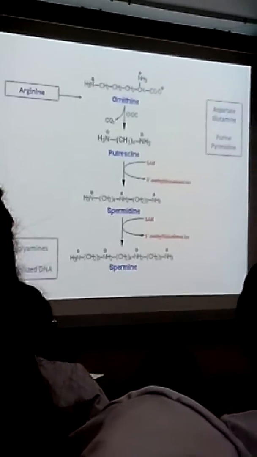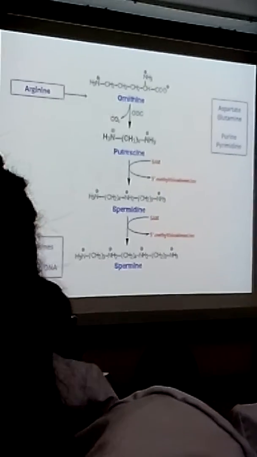Okay? Arginine gihapon, methionine to become your spermidine, spermine. Why are they important? They are polyamines. Okay? To stabilize the DNA molecule. And I did not explain this anymore.